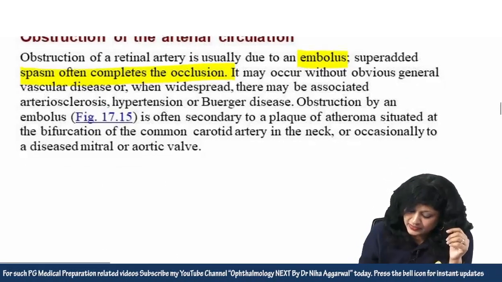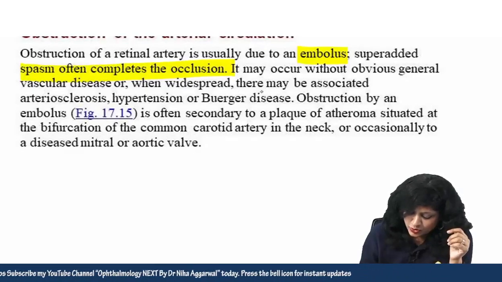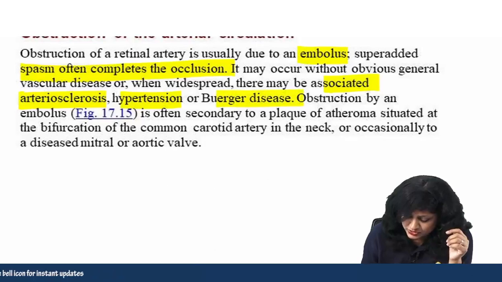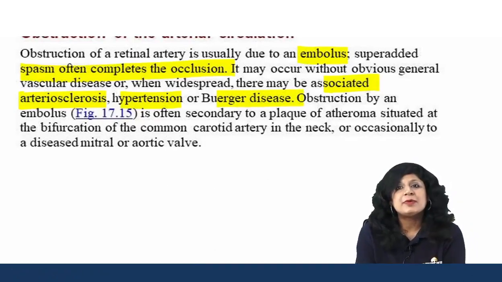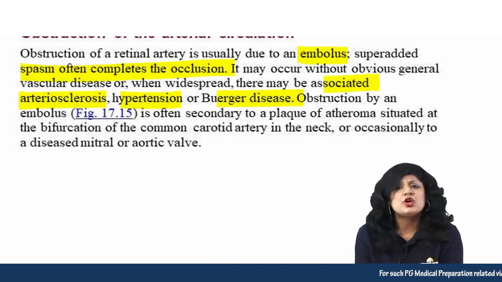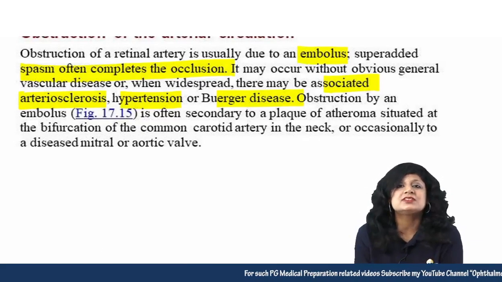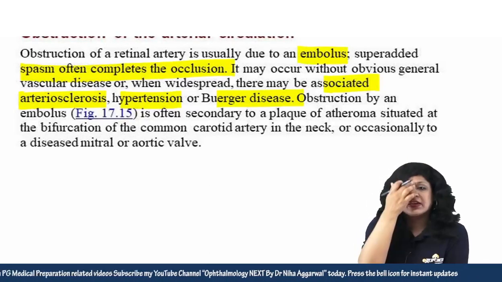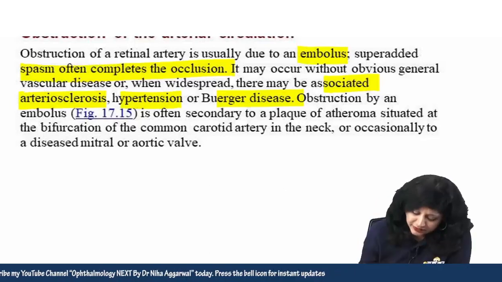It may occur without obvious general vascular disease, or it may be associated with arteriosclerosis, hypertension, Berger's disease. So in these patients, it could be just the arterial circulation, or many times we have generalized ischemic disease in the person, where we can have arteriosclerosis, hypertension, or even Berger's disease.